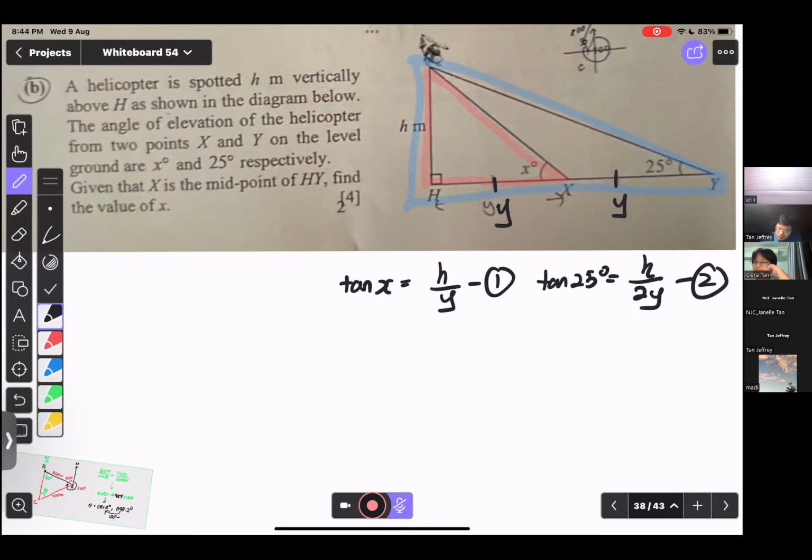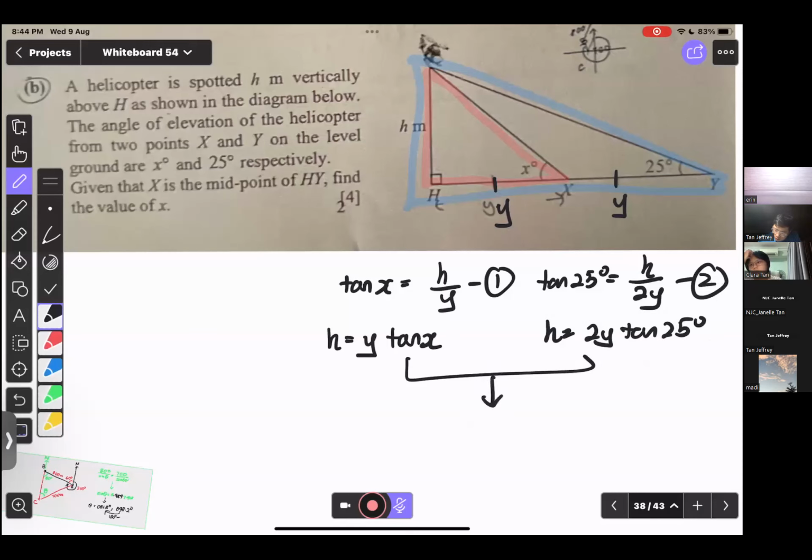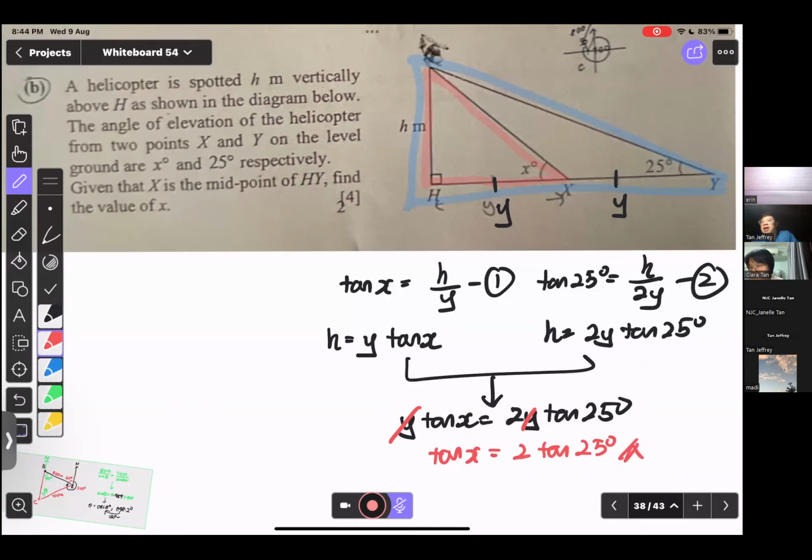From both sides, H is Y tangent X, and H is 2Y multiplied by tangent 25. Equate that: Y tangent X equals 2Y tangent 25. Cancel Y on both sides. Your tangent X is just 2 tangent 25 degrees. There, done already.